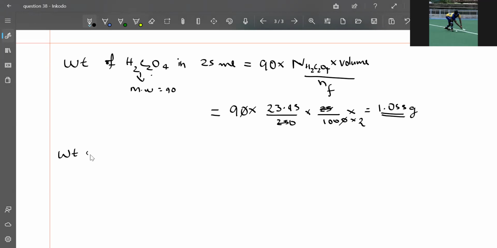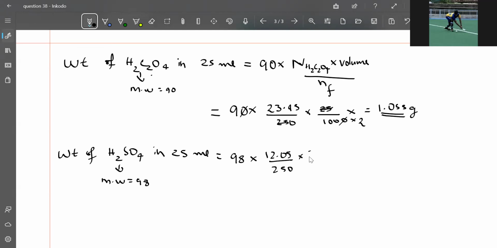Now, what about the weight of H2SO4 in 25 milliliter? Here the molecular weight is 98. So you can do the same thing. 98 multiplied by 12.05 divided by 250, multiplied by 25 divided by 1000. Again, the n factor of H2SO4 is 2.